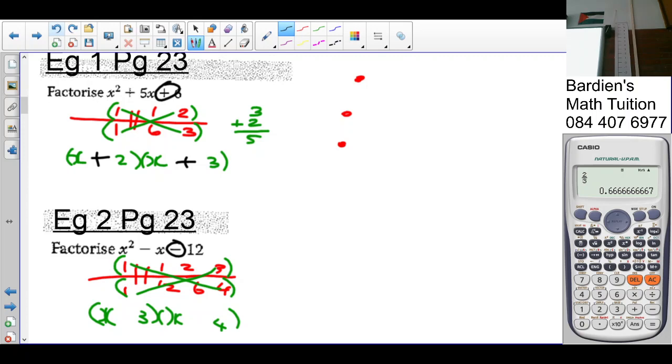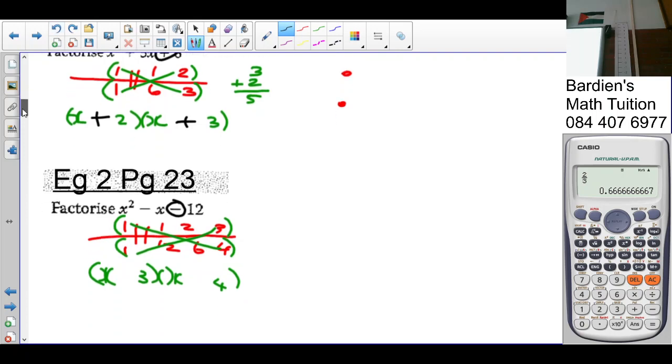Negative. So which one is bigger? 4 times x is 4x, 3 times x is 3x. So 4x is bigger. So that's going to get the negative, and that's the positive. Any confusion here? No?